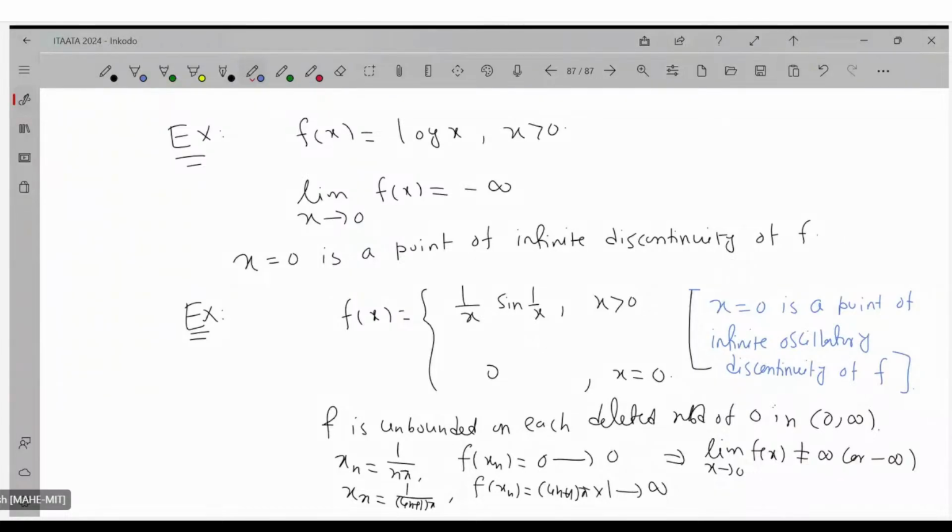Now similarly you can define this for the right endpoint of an interval. Now let's say c is an interior point of an interval and discuss different types of discontinuity.